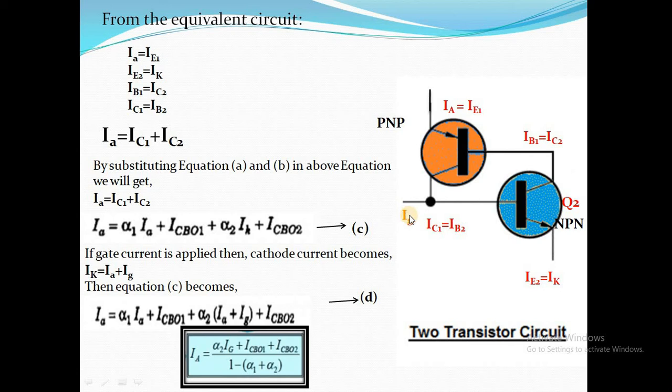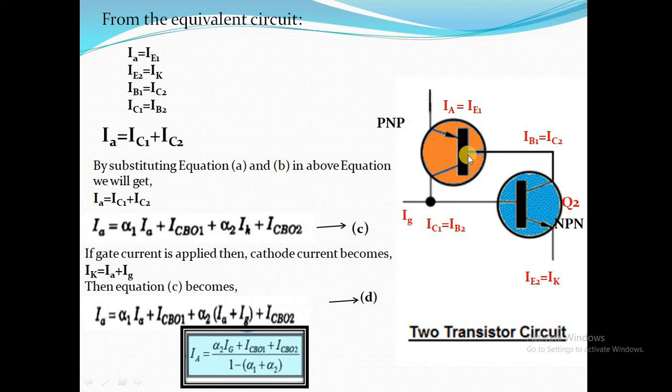So suppose we apply gate current, then the current flows in this direction. That is, the base of the second transistor gets the supply and this transistor turns on. When Q2 turns on, its collector current flows and also the emitter current flows here. The collector current of the second transistor is the same as the base current of the first transistor.